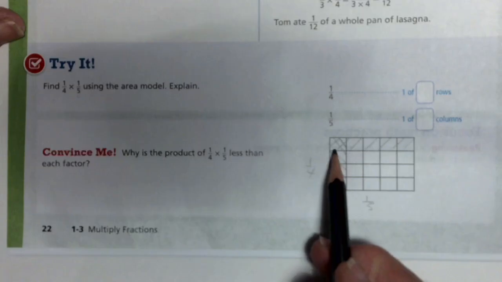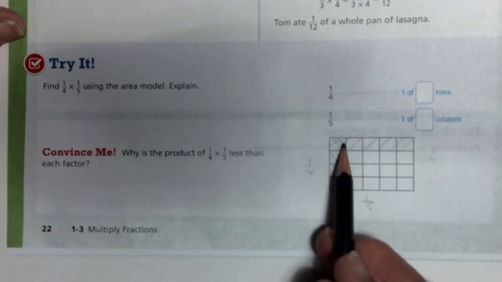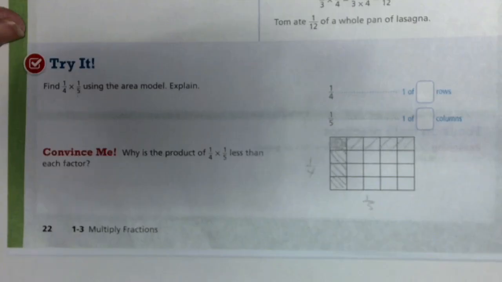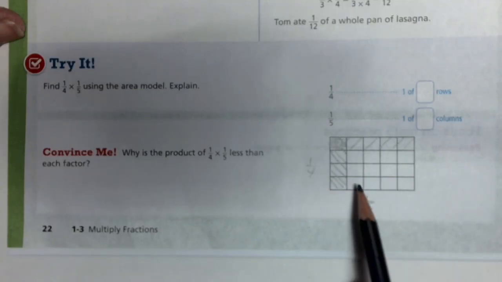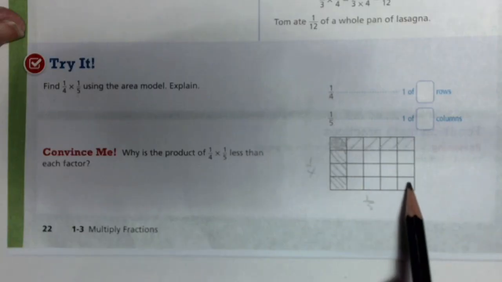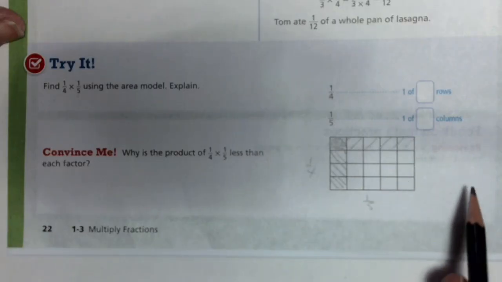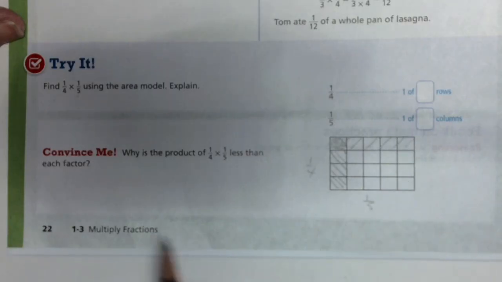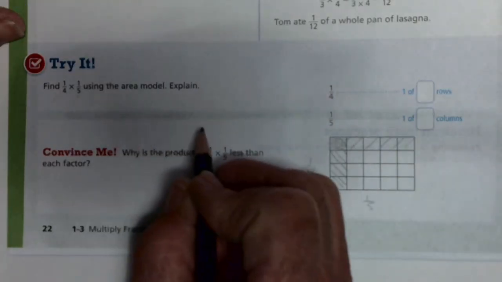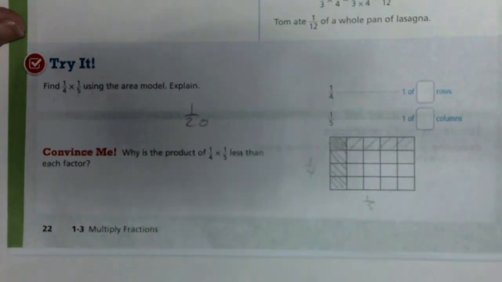And it's only right here in this one little box. So I got to know how many boxes I have. Well, there's 4, there's 4, there's 4, there's 4, there's 4. 4 times 5 is 20, so there's 20 boxes. So my answer should be 1/20.